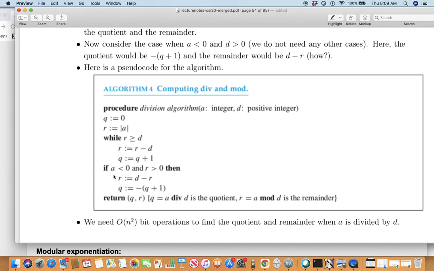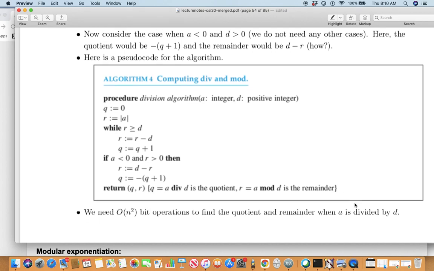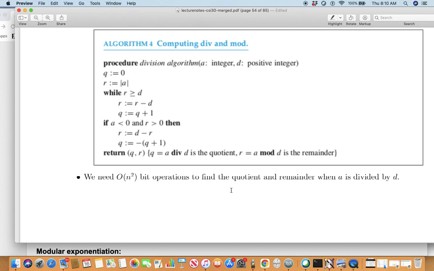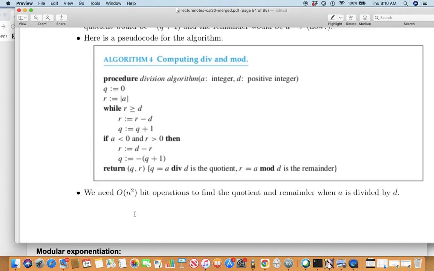If my A is less than 0 and R is greater than 0, then go once more. All right. And Q and R are the respective quotient and remainder. This requires n squared bit operations. Okay. What is n?